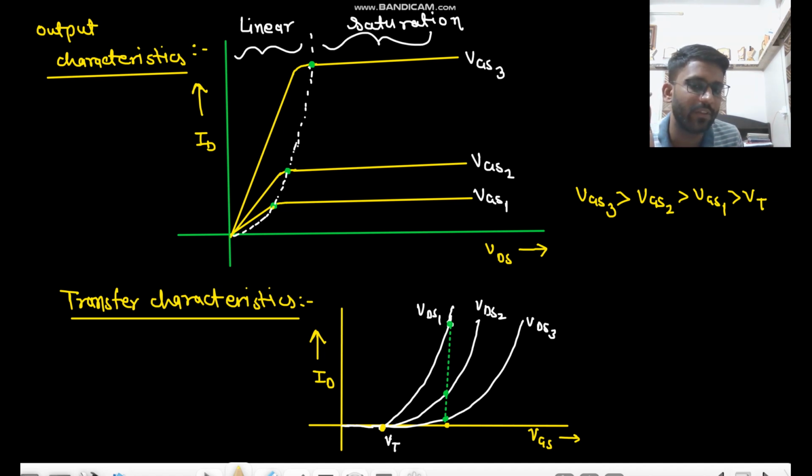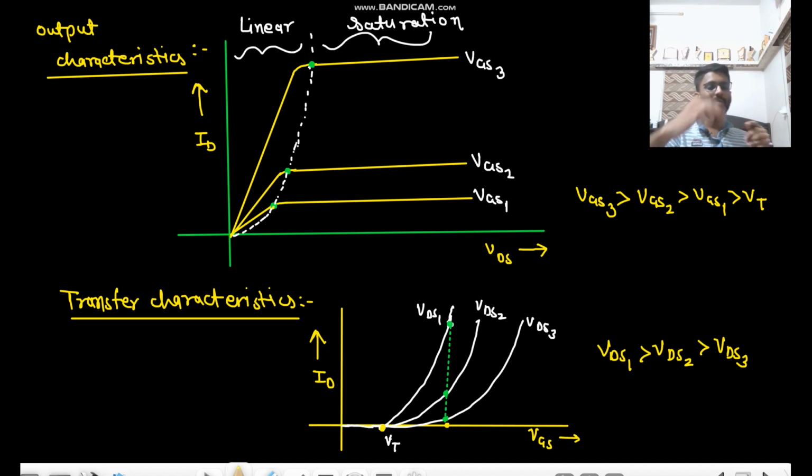And at the same VGS, we are getting more current for curve 1. So VDS1 is higher than VDS2, than VDS3. That means there is high VDS applied. Right? So this is the condition.